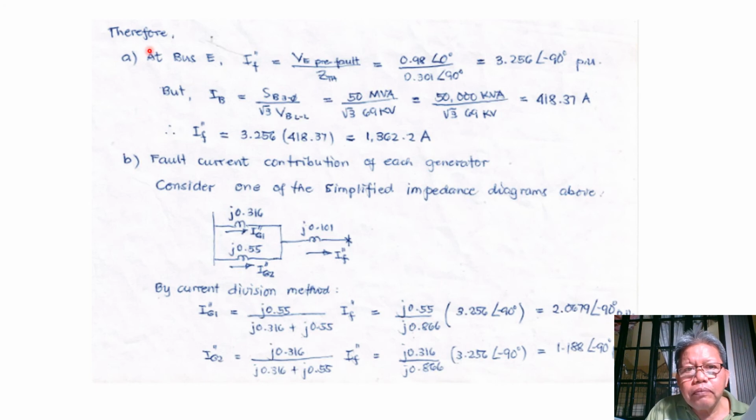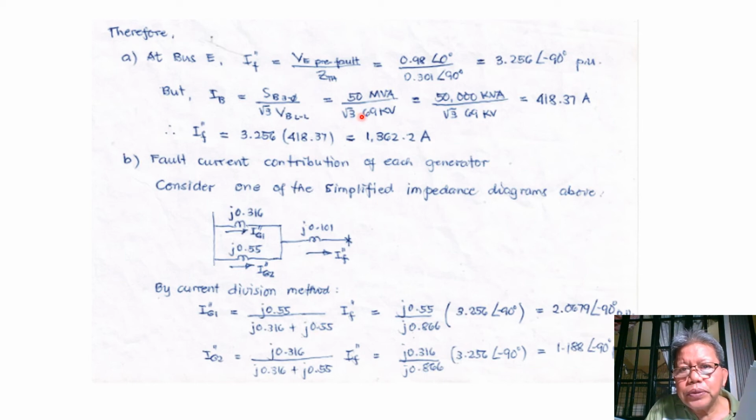So at bus E, our subtransient current IF double prime is equal to E pre-fault divided by ZTH, or just Z1, which is equal to 0.98, the value of our voltage, divided by our Z1 or ZTH, which is 0.301. So we have short circuit current IF double prime equal to 3.256 at an angle of -90 degrees per unit.